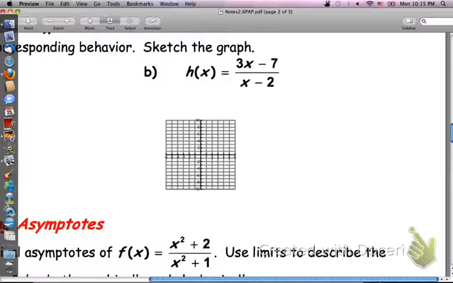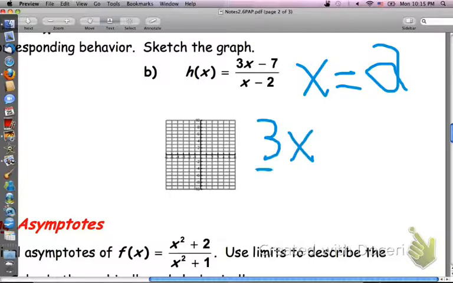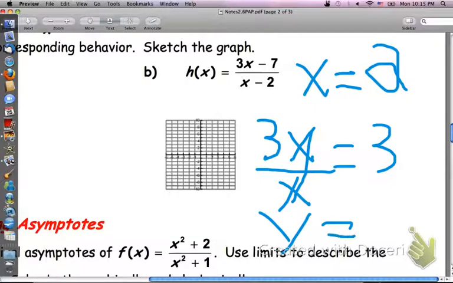Okay, so we found how our function is transformed. Now let's find our asymptotes. So we have x equal to what for a vertical asymptote? 2. Then notice we have the same degree polynomial in the numerator and the denominator. So we will write 3x over x to help us find the horizontal asymptote, which would simplify to 3. So we have a horizontal asymptote at y equal to 3.